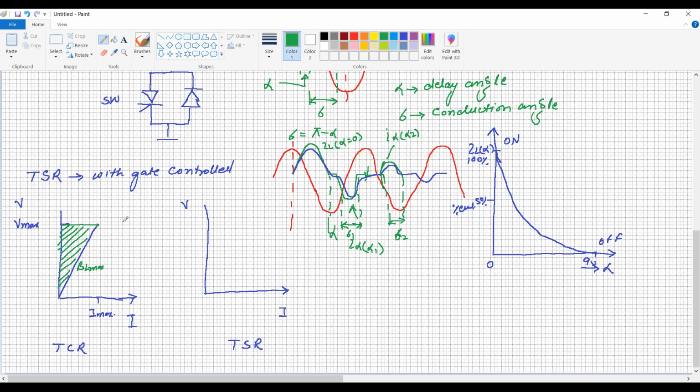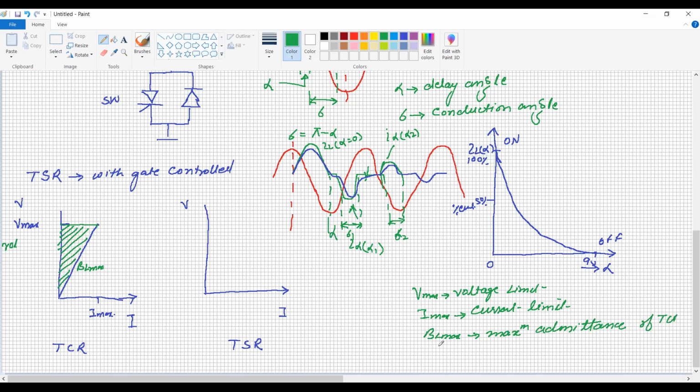here. So where Vm is the maximum voltage, or you can say the voltage, so we'll write V max is the voltage limit, I max is the current limit, and BL maximum is the maximum admittance of TCR.